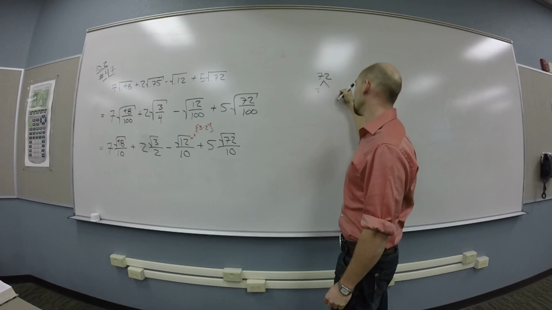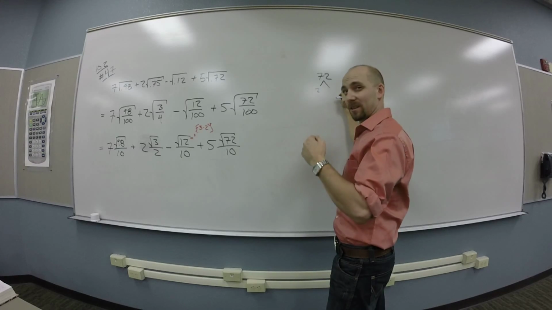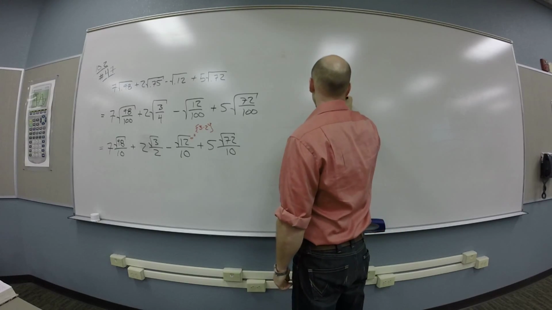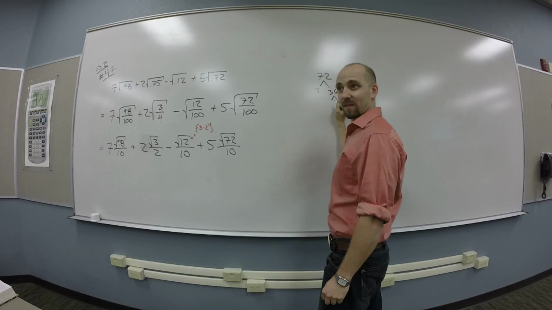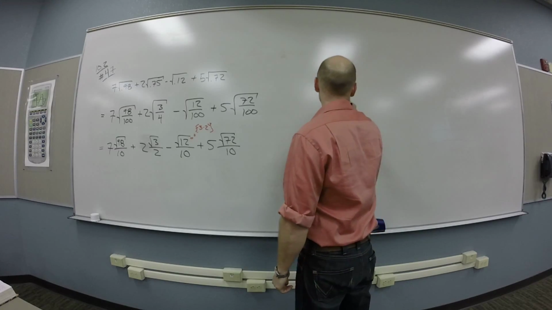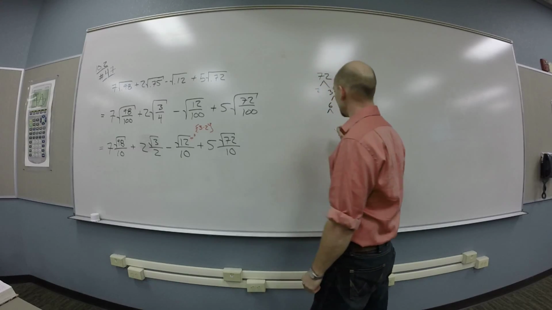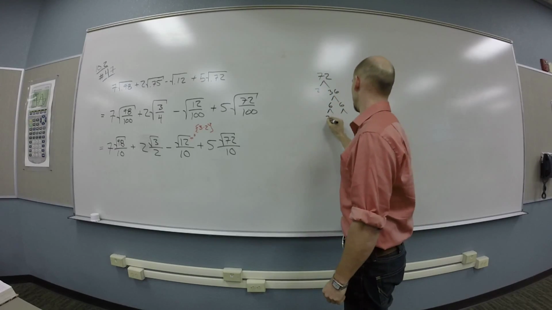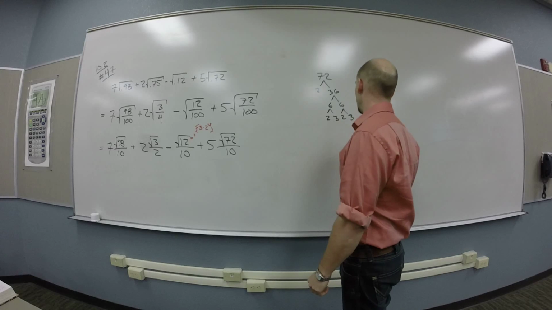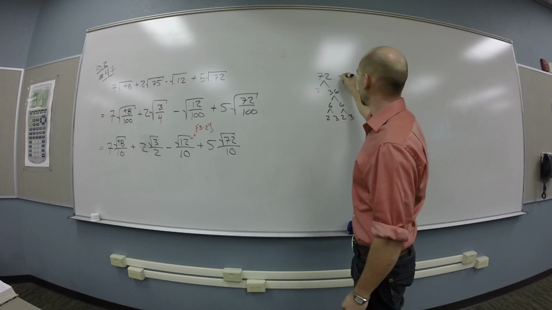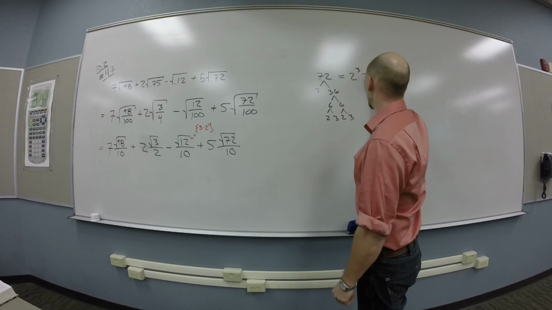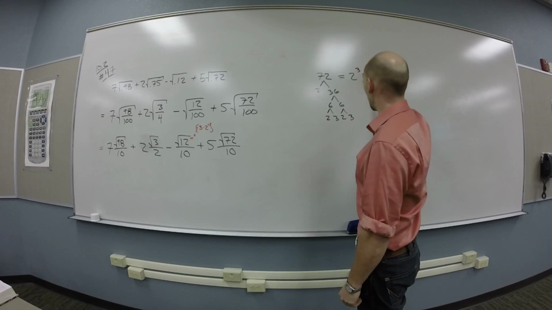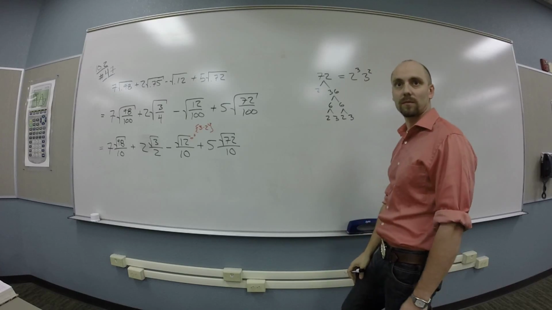So 72 is twice 36. 36 is 6 times 6, and 6 is 2 times 3. So 72 is 2 cubed times 3 squared.